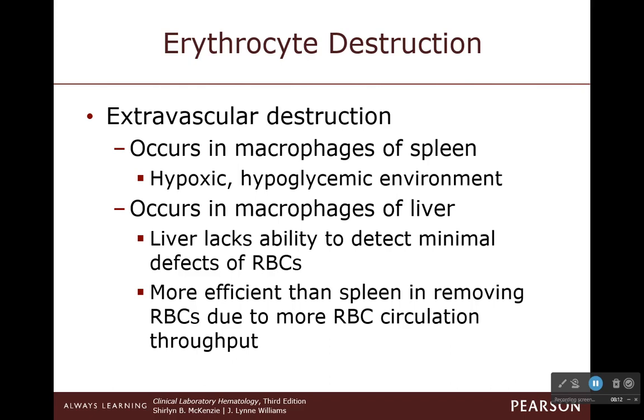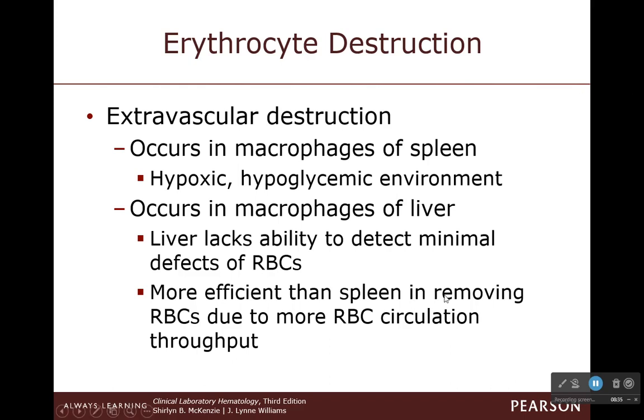So you get helmet cells or bite cells, okay? The spleen has a larger ability to be more choosy about what it destroys, whereas the liver doesn't. The liver, if it senses that there's something wrong with the cell, it just destroys it. It doesn't try to help it get any better.